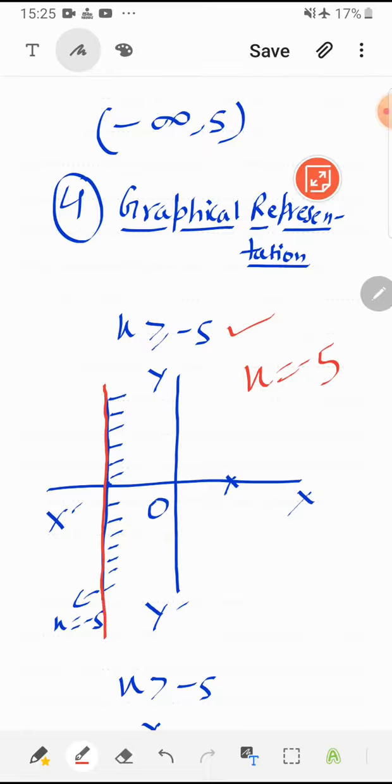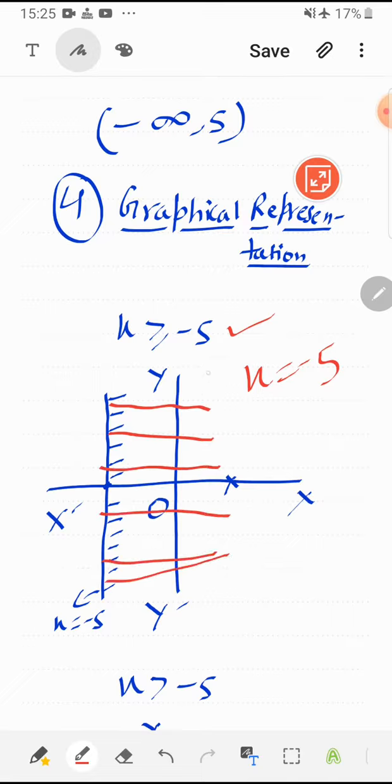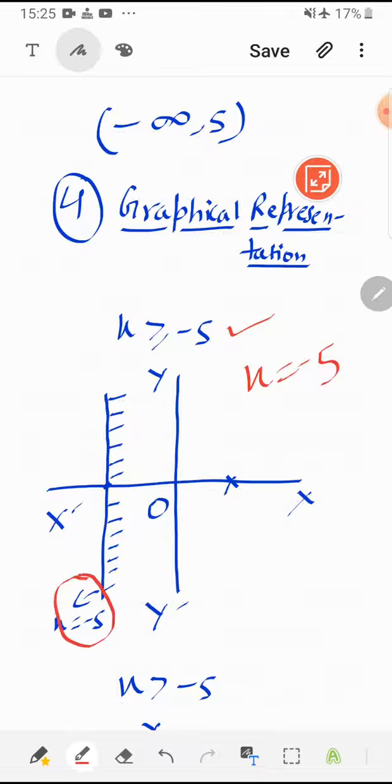Now as x is greater than minus 5, I will shade towards the right side, to represent the solution region. This shading may be large or small. And moreover, I will also represent the line by putting an equal sign. That means the line represents boundary and equality.